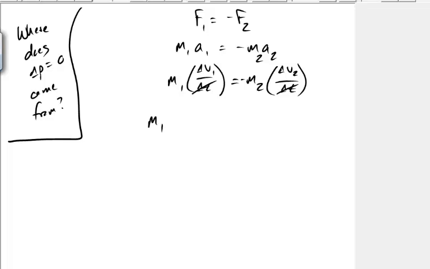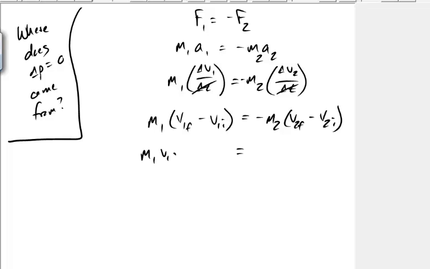And in the next step, I'm going to get rid of the delta, and I'm going to start talking about V1F minus V1I, and I'm going to start talking about V2F minus V2I. And I'm going to distribute my m's through, and I'm going to start distributing negative signs through.